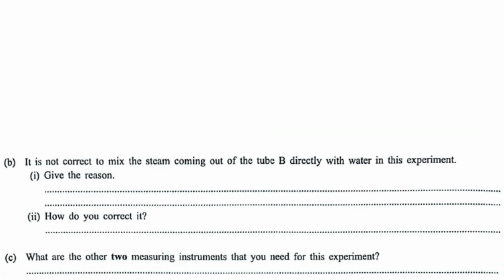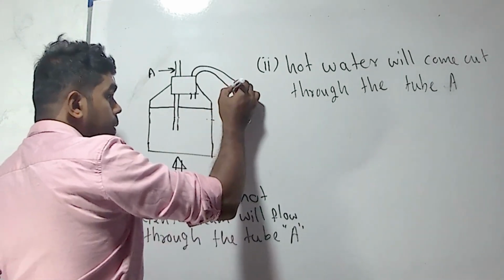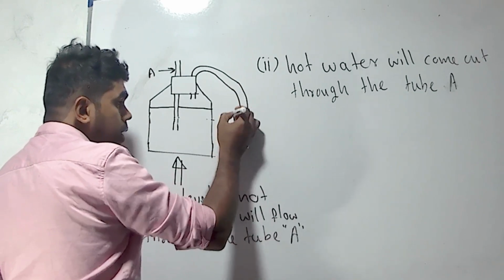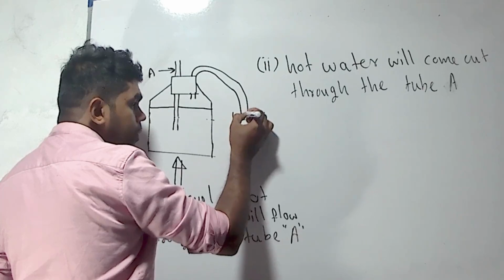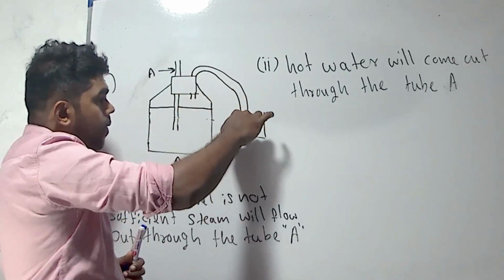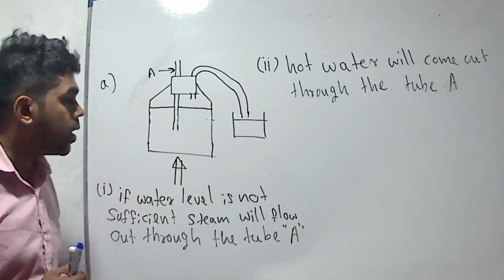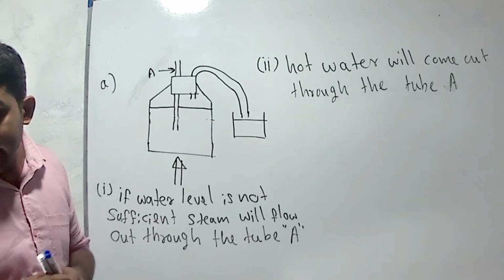Part 1, give the reason. If you use this tube directly to mix steam with water in the calorimeter, the condensed water will be mixed with the water in the calorimeter. Therefore, we have to write the reason.